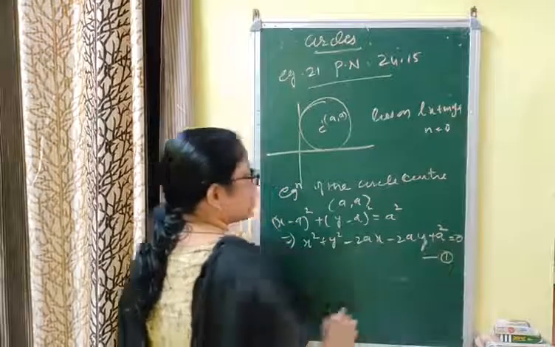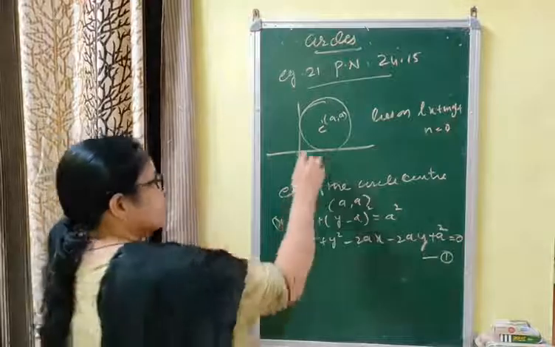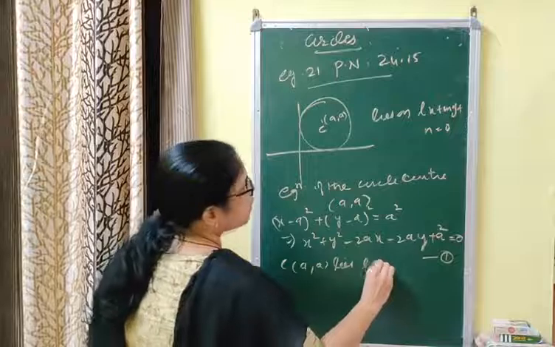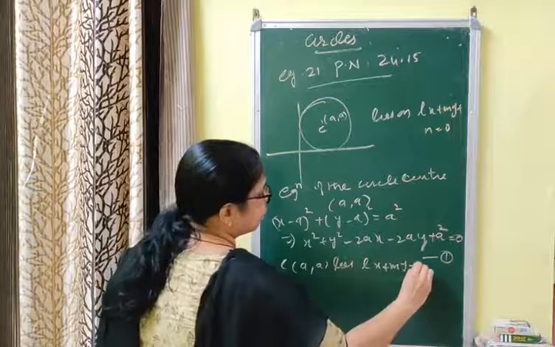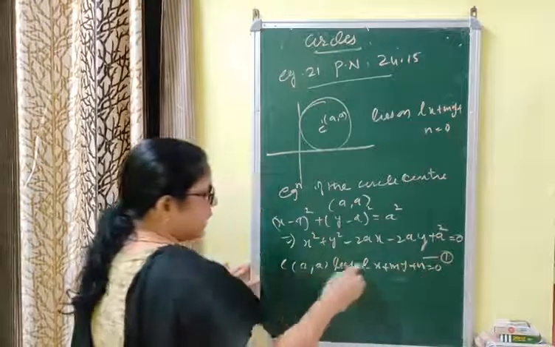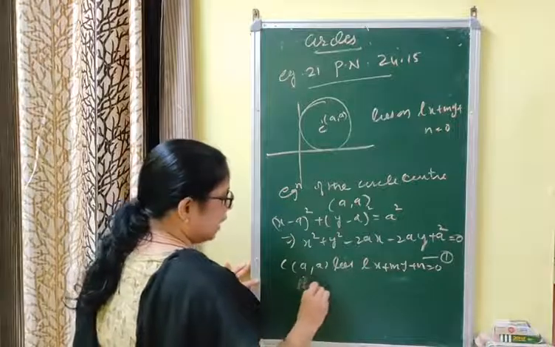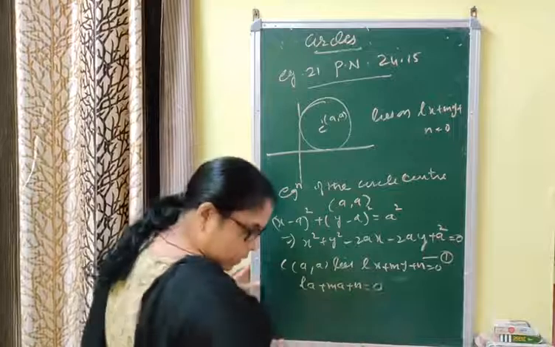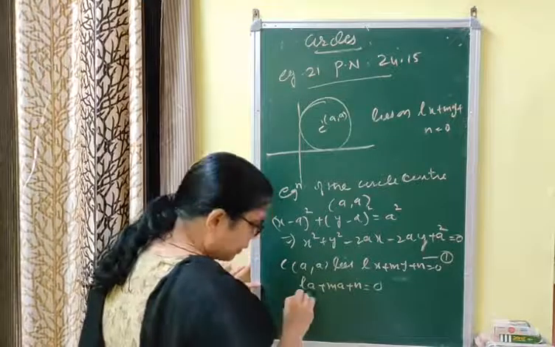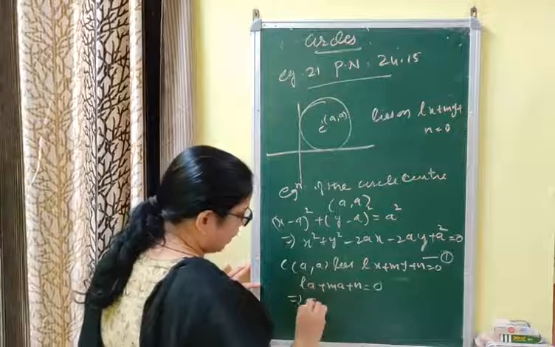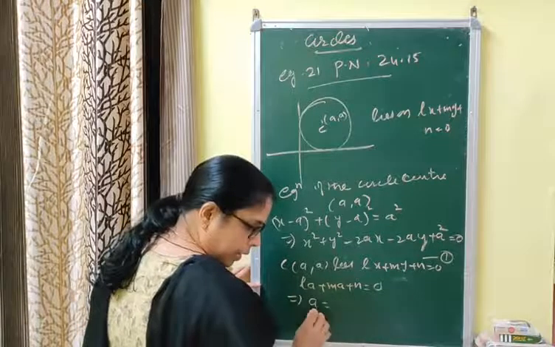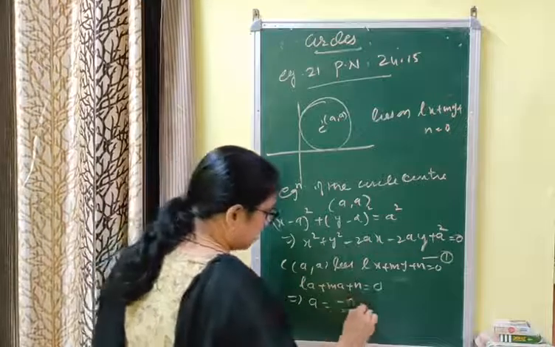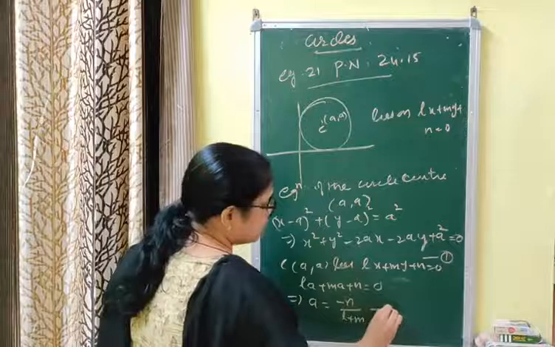This is equation 1. Now the center (a, a) lies on Lx plus My plus n equal to 0, so you can replace x and y by a. That is La plus Ma plus n equal to 0, where n is a constant. By solving this, you get a into (L plus m) equal to minus n, then a equals minus n upon (L plus m). This is equation number 2.